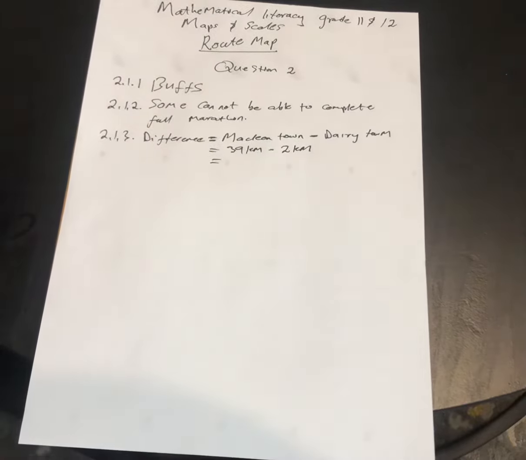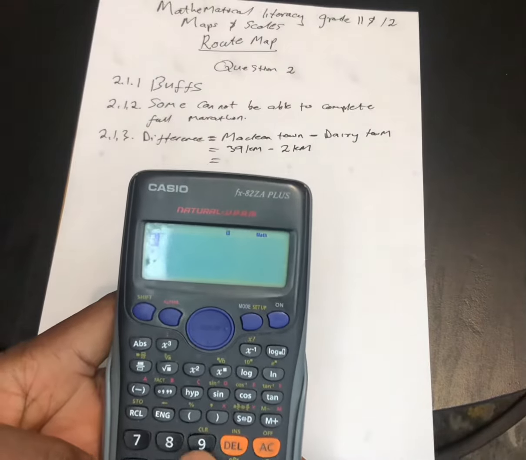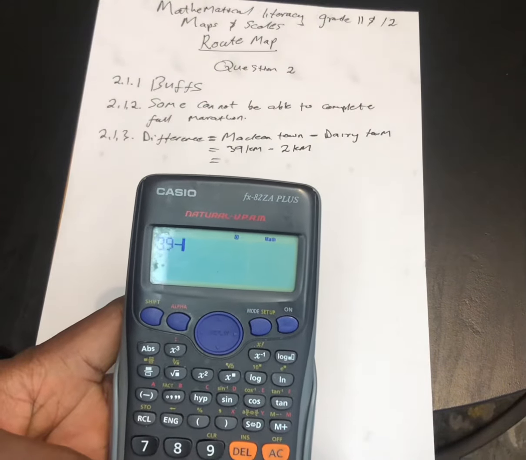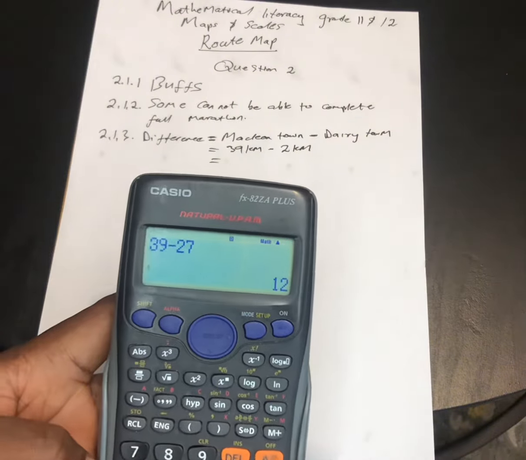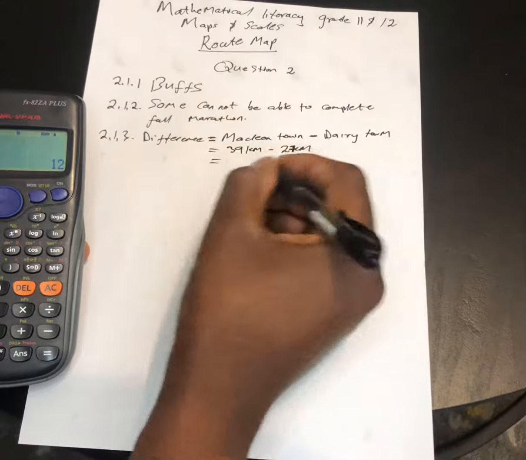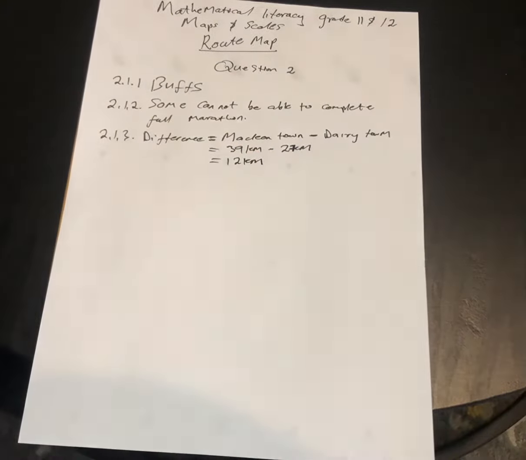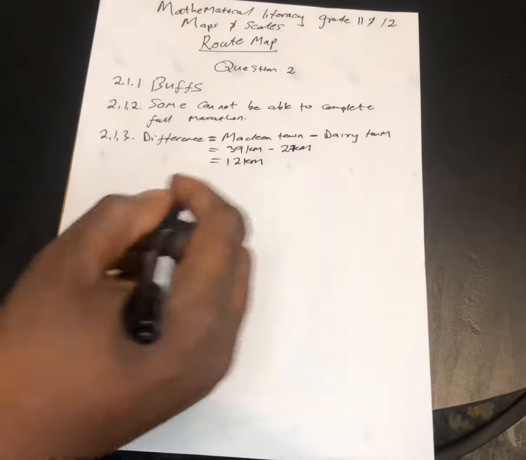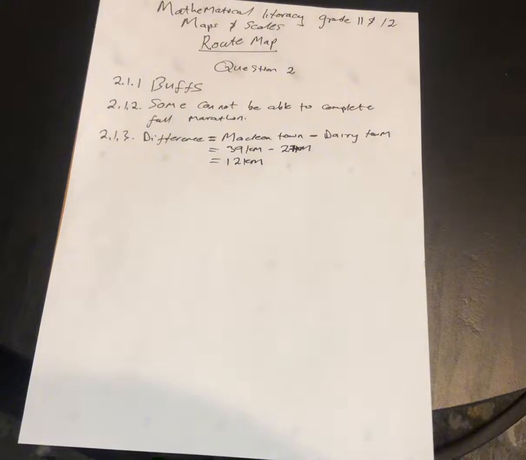Then the final answer here, we get it from the calculator. 39 minus 27, which is 12. 12 kilometers. So 39 kilometers minus 27 kilometers is equal to 12 kilometers.